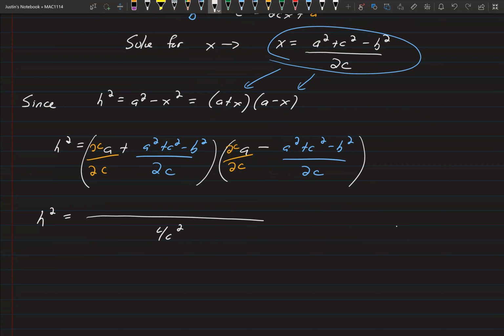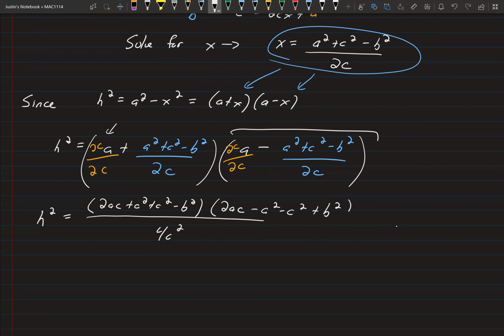Now going across the top, on the left, I'm going to have, let's call it 2ac from here, plus a squared plus c squared minus b squared. On the right, along the top, I'm going to have a 2ac minus a squared minus c squared minus a negative becomes a positive b squared.